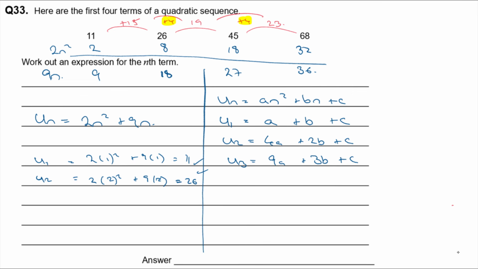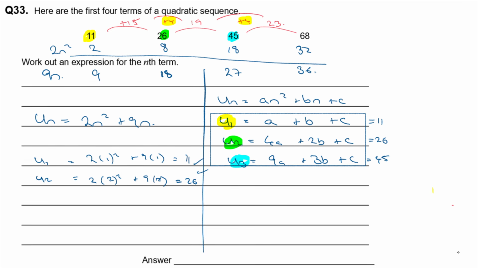And we're going to solve them simultaneously then. Because we know u1, the first term, is 11, and we know u2, the second term, is 26, and we know that u3, the third term, is 45. So we can say that u1 is 11, u2 is equal to 26, and u3 is equal to 45.